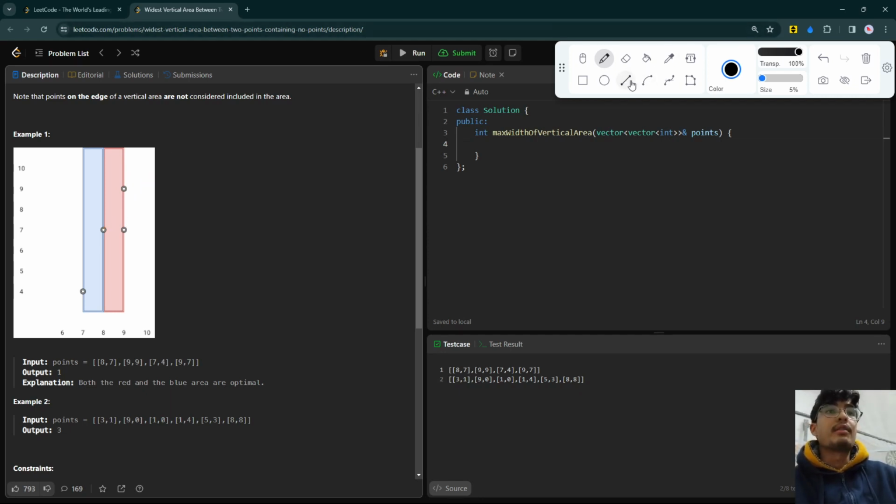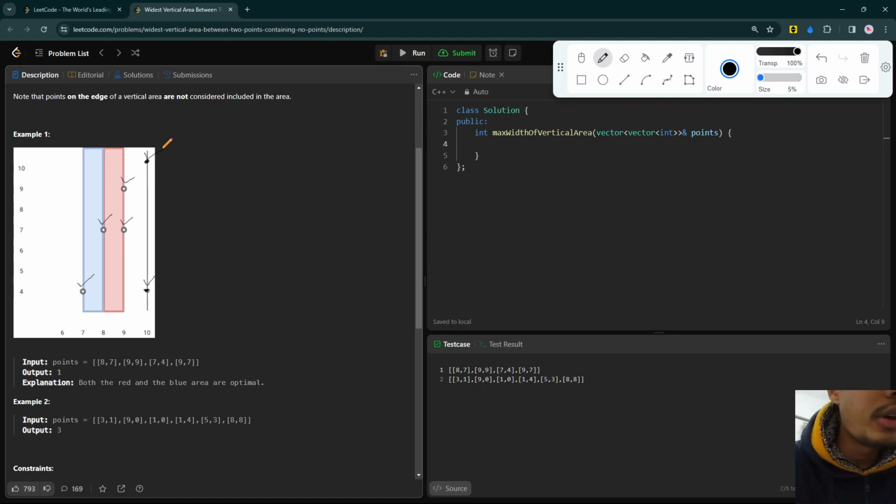And if I had more points further away, like one point at 10 comma 4, I would be iterating in this order.